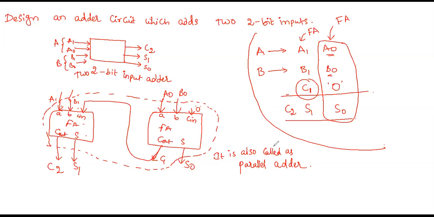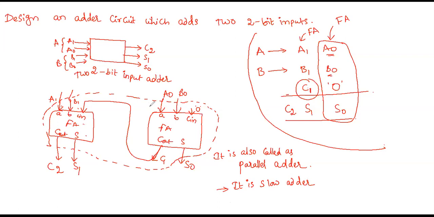Now, this parallel adder is slow. It is a slow adder. Why is it slow?